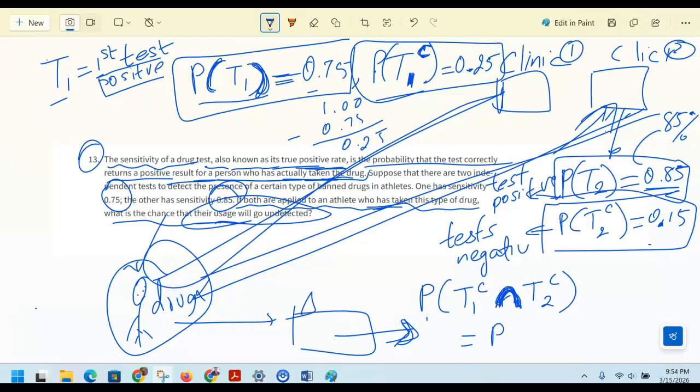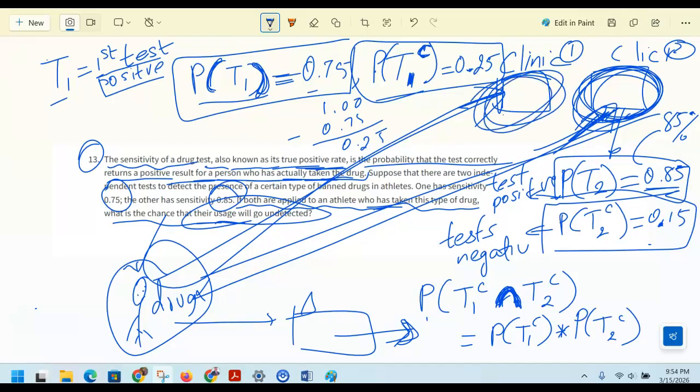It means the probability of this times this, because they are independent. You know why they are independent? The test done in the first clinic has nothing to do with the test done in the second clinic. This one does not get affected by what's happening here, and that's why we can multiply directly. They are independent events.